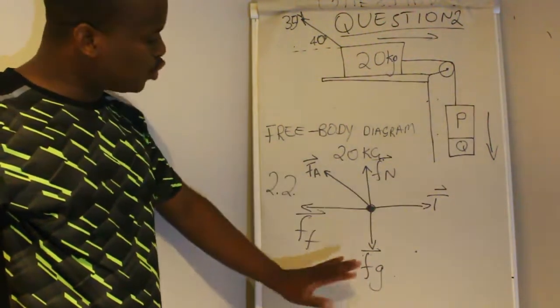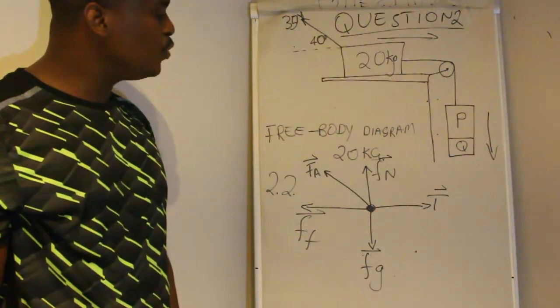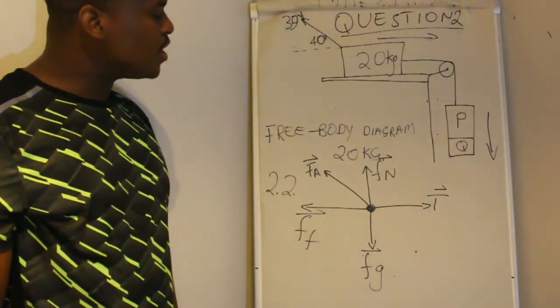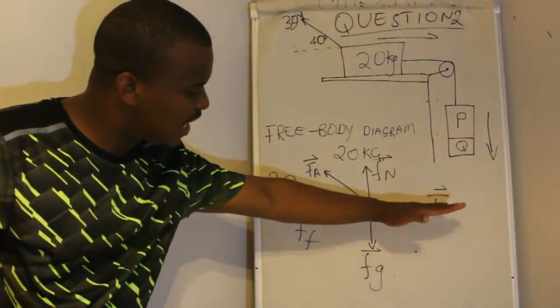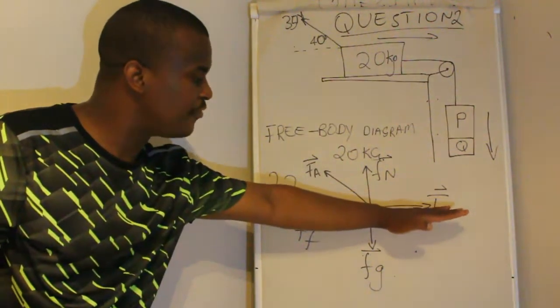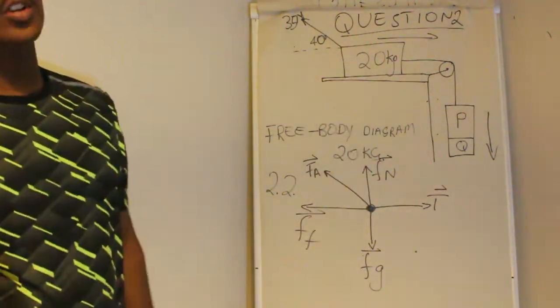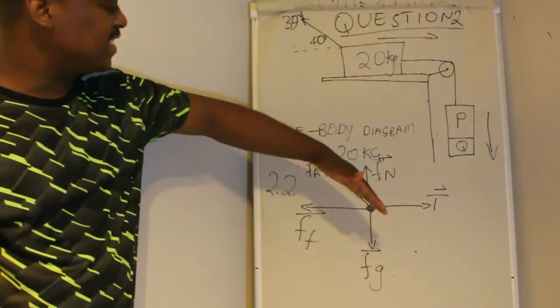You will see this shortly. When you're doing calculations, you want all your forces to be either parallel with your surface, or perpendicular to your surface. This one is not parallel, and it's not perpendicular. It is at an angle.